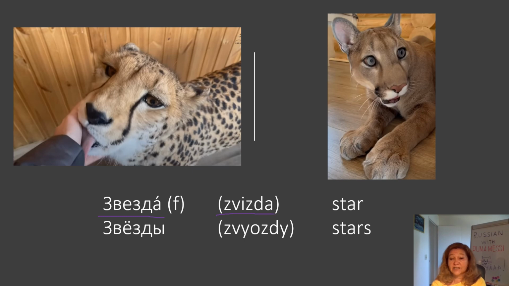Звезда, a star. And plural is, here we have it, звезды, stars. As we see, there is an ending. This is not the easiest word. This is one of those exception words where the stress moves, and the letter ye becomes yo. That's why it's звезды. So sometimes the stress travels as well when we form plural.